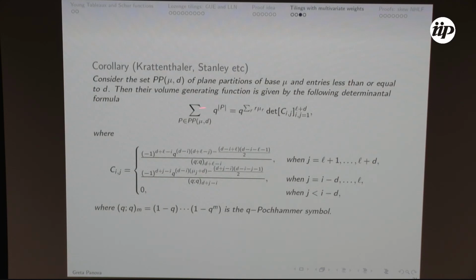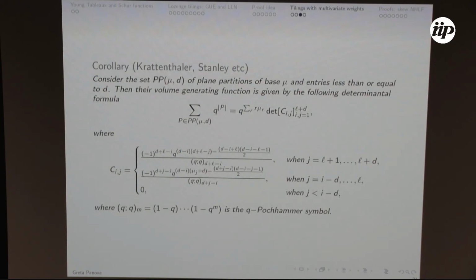So the determinantal formula for the plane partitions, given shape and height d, or the picture that I showed earlier, where we have q to the volume measure this time. So q to the volume, just q to the number of boxes that we see in this picture.